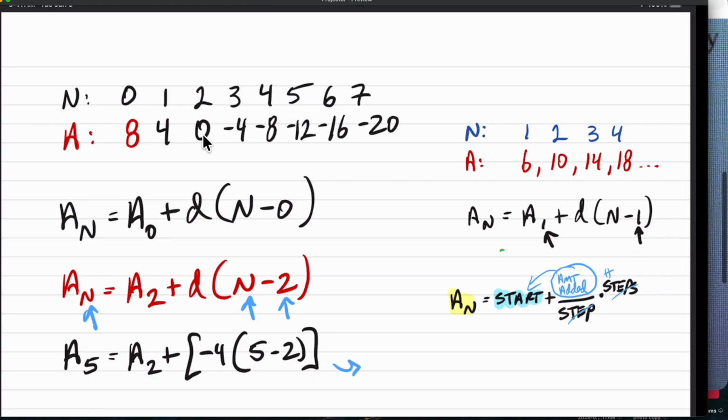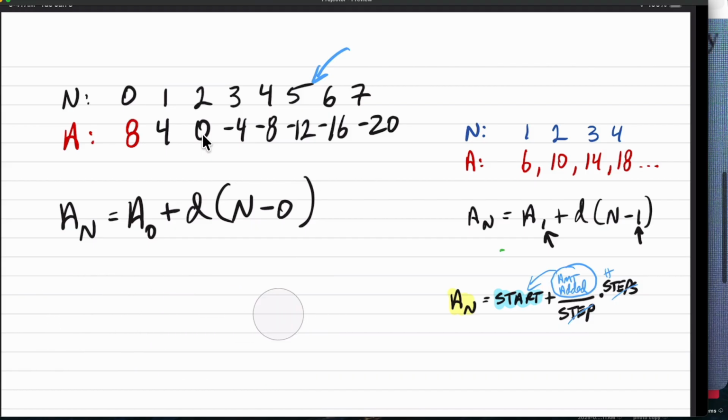So a sub 5 should equal the amount at position 2 minus 20 plus 8. So the amount at position 5 should equal negative 12. And indeed it does.